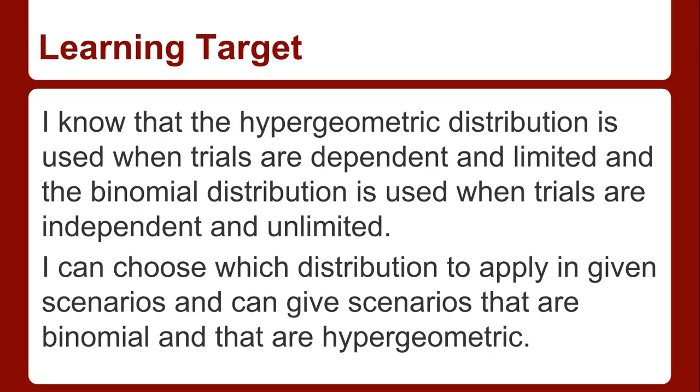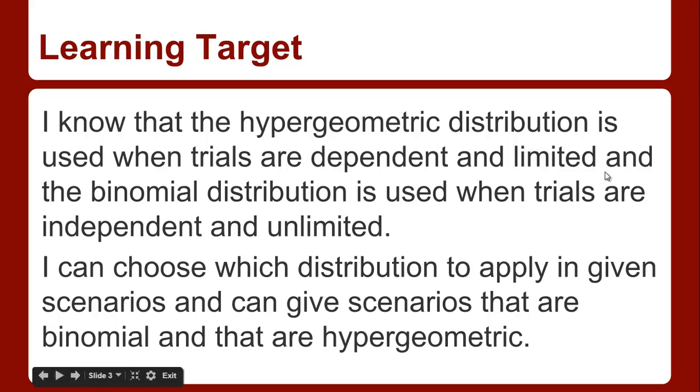The learning target actually focuses more on hypergeometric versus binomial than uniform, but I know that the hypergeometric distribution is used when trials are dependent and limited, and the binomial distribution is used when trials are independent and unlimited.